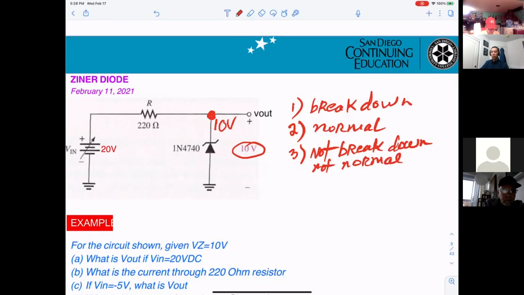So now, for this example, what happens to the Zener? Breakdown or not? Yes, it breaks down. The thing is, you have 20 volt right here. That's higher than 10. So the Zener will break down, and VL is supposed to equal 10 volt.